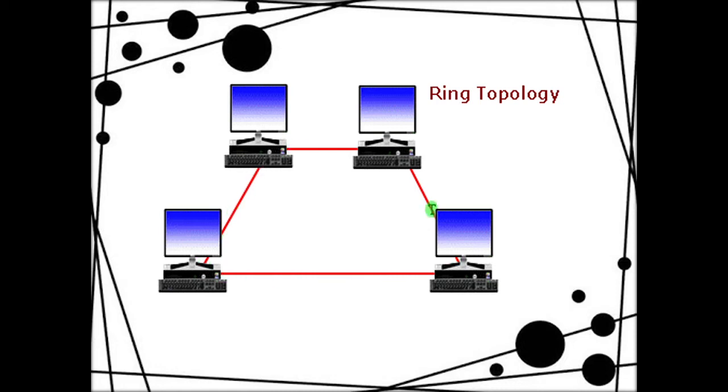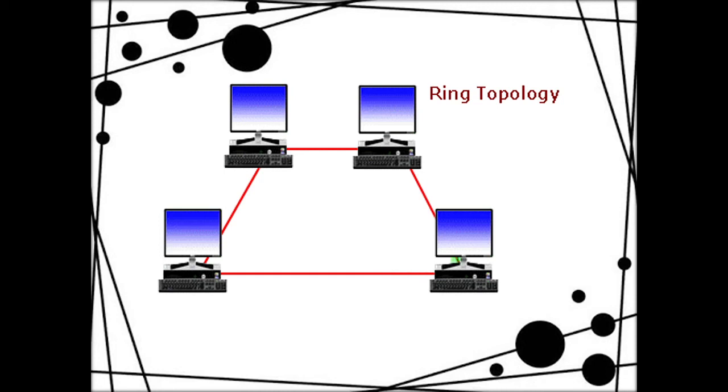Also, in this topology, each node has the opportunity to transmit data. Thus, it is a very organized network topology. In comparison to a bus, a ring is better at handling the load. The disadvantages of ring topology are that the failure of a single node in the network can cause the entire network to fail.